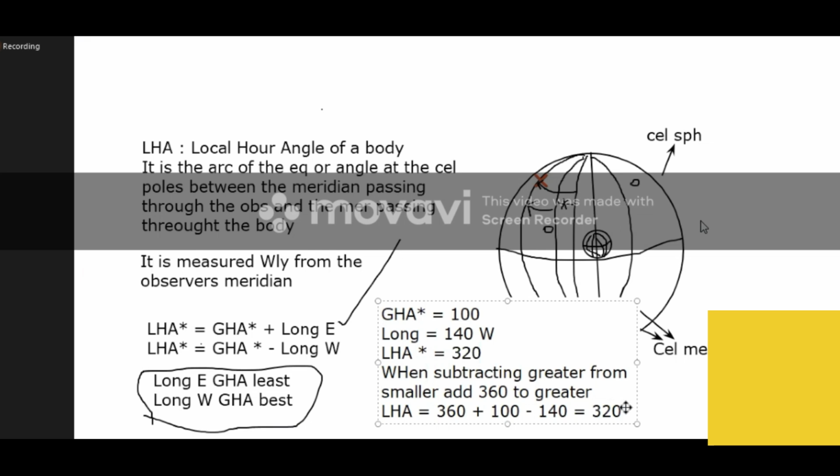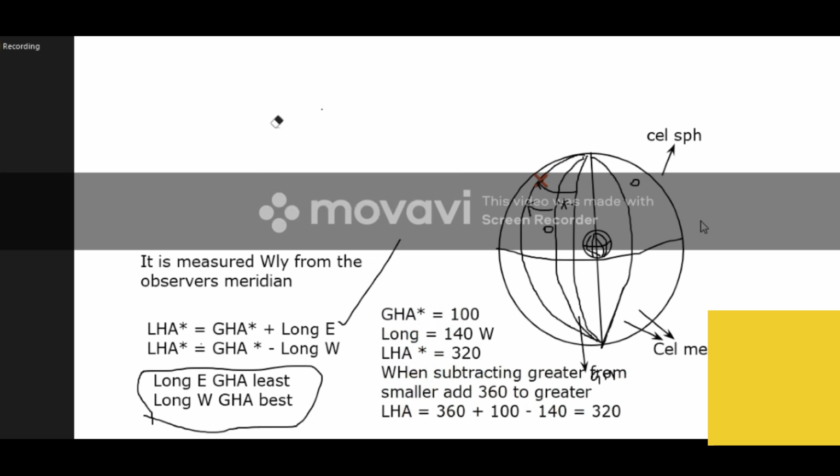Just you can write down: when subtracting greater from smaller, add 360 to greater. And one more thing, I'll just go back to D long and tell you, so that will be effective here also.